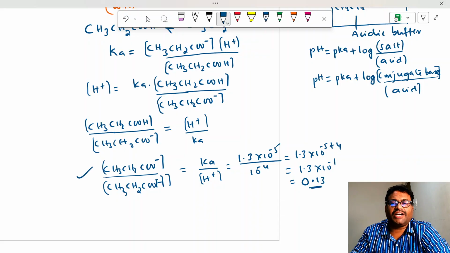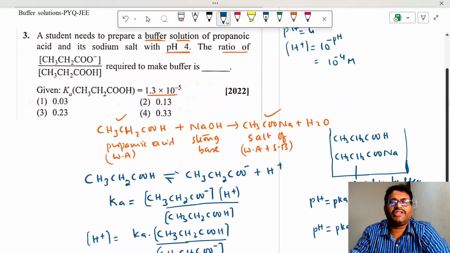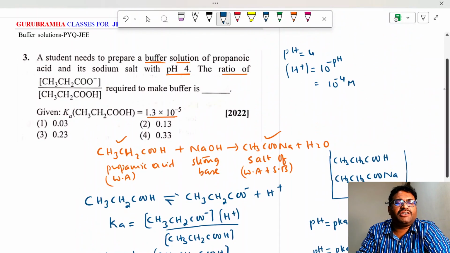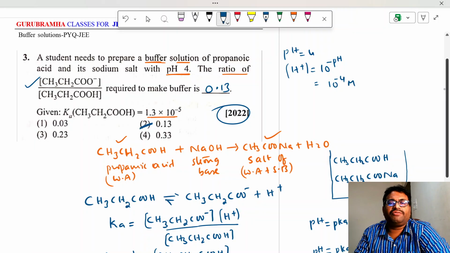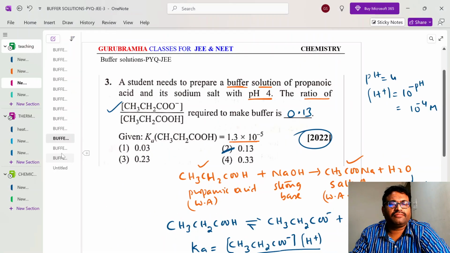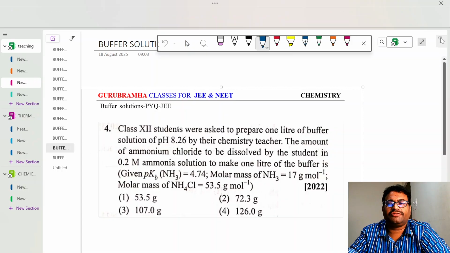So this ratio is asked in the question. The ratio you are getting is 0.13, the second option. This question was asked in 2022. Let us see the next question.